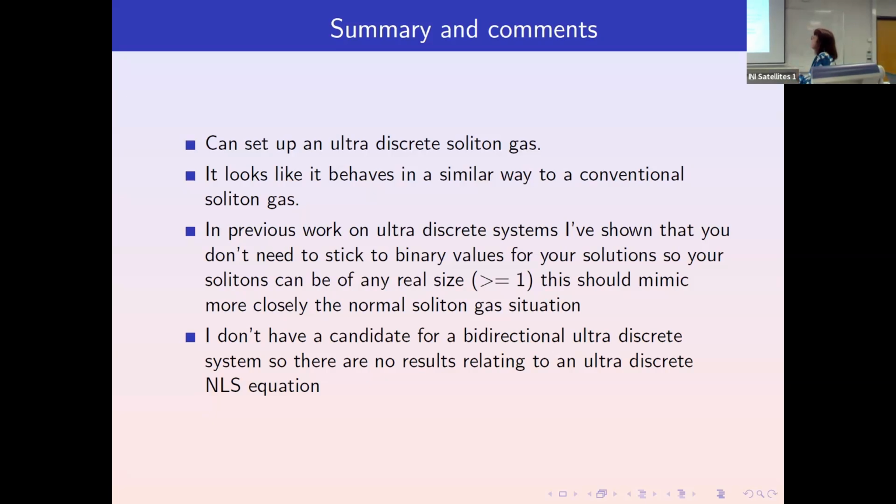Also, in the papers for the nonlinear Schrodinger equation, you've got soliton gases that move in two directions, and for the ultra-discrete KdV you don't have that because it's one direction. So I don't have a candidate for an ultra-discrete bidirectional version. I'll stop there. Apologies for not giving you much more information than that. Okay. Thank you.